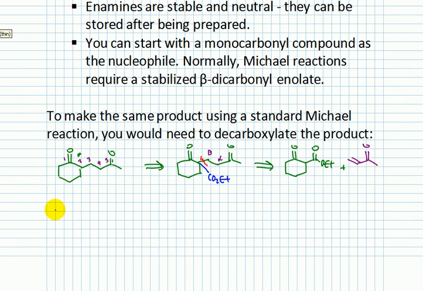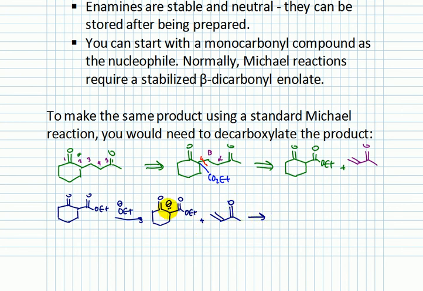To go in the forward direction, what we would have to do is take this beta keto ester, deprotonate it with ethoxide, and react it with the enone to do the Michael reaction, right?